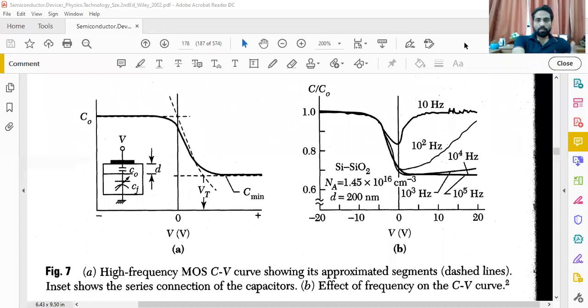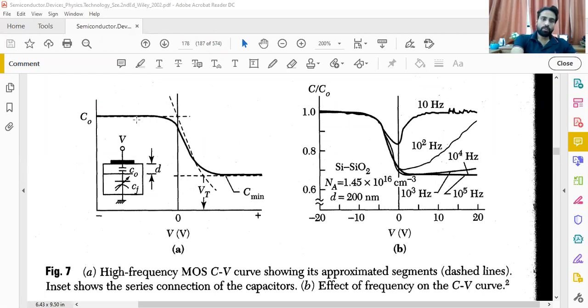If you see here, if we have a MOS diode, we have two different capacitances. And the net capacitance, what we are doing in this curve, is simply having a net capacitance. So the net capacitance is a combination of the capacitance of the semiconductor, the capacitance of silicon oxide, SiO2, and C naught and Cj are in series.